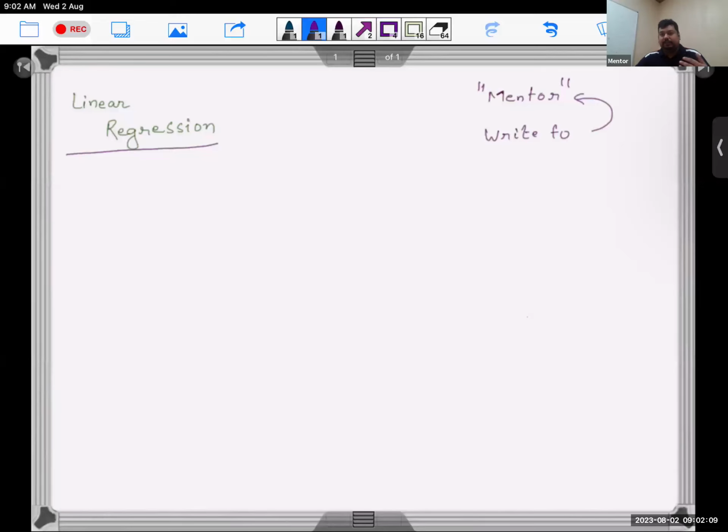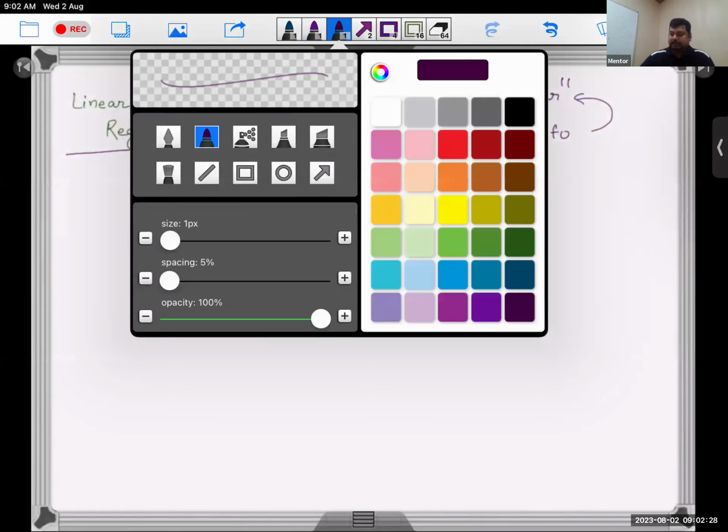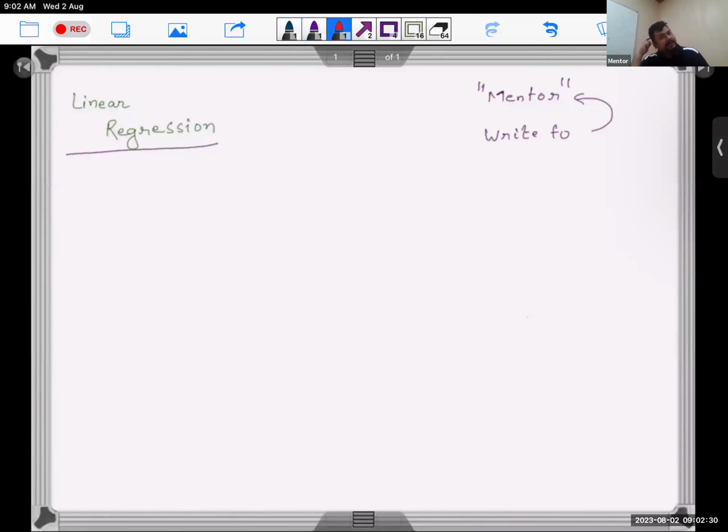But if you are not from the mathematics background, I believe everybody would have done basic differentiation at some point in time. So if you don't remember all of that, I still request that after this session you go back and revisit some of those basic differentiation rules. All right, let's start with linear regression.